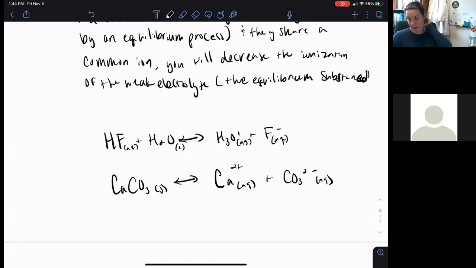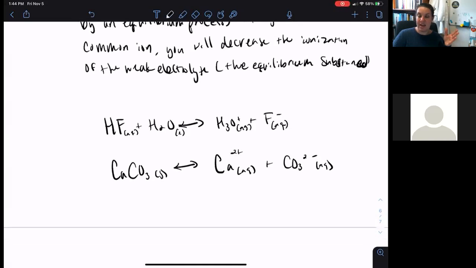There we go. If we add in a strong electrolyte to either one of these solutions and they have the same ion, doesn't matter what kind of ion. So for this one, it could be a strong acid, or it can be like sodium fluoride.